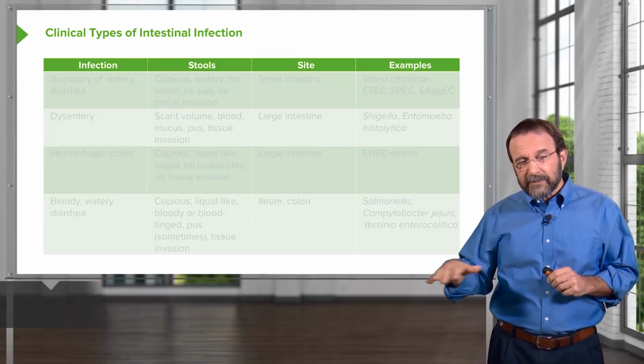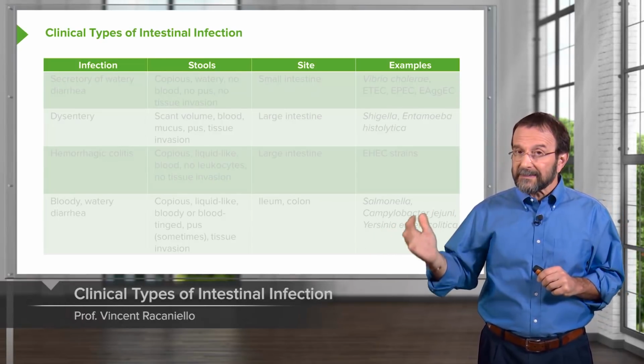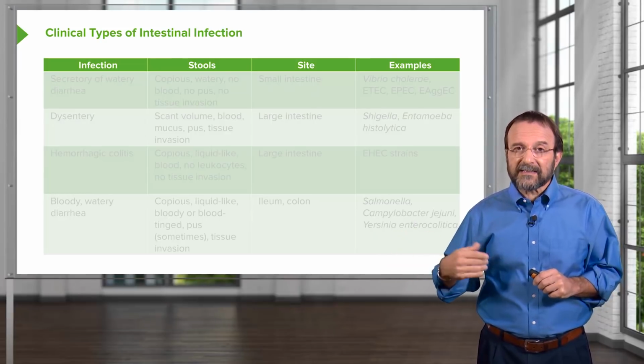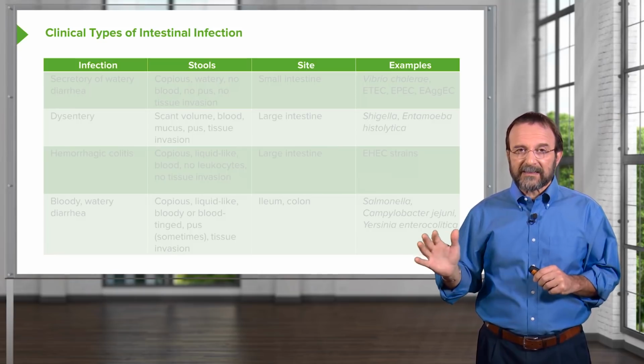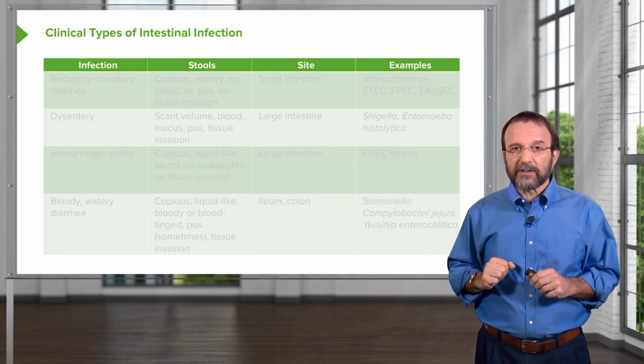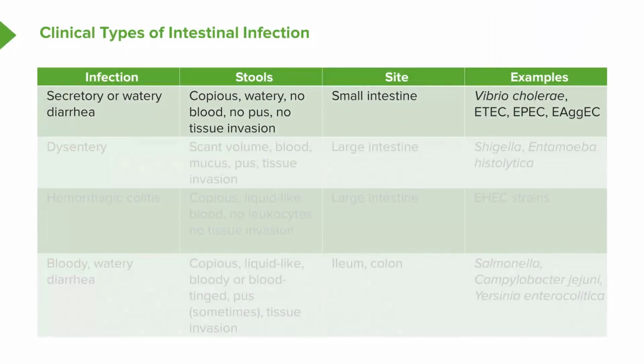So we've now gone through a series of bacteria of various types that cause intestinal infections. Let's summarize this so that you can see it all together and try and make sense of it. And these tables will be a good place to study this if you need to remember them. So we've talked about watery diarrhea or secretory diarrhea.